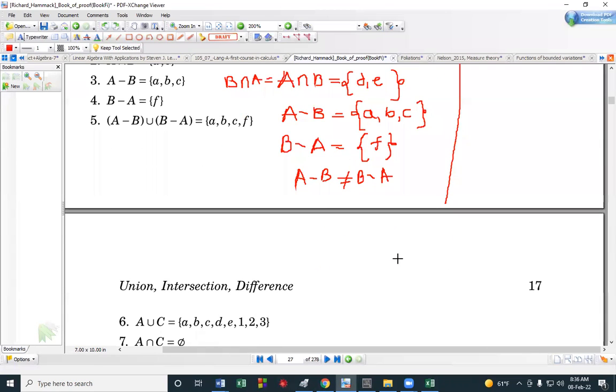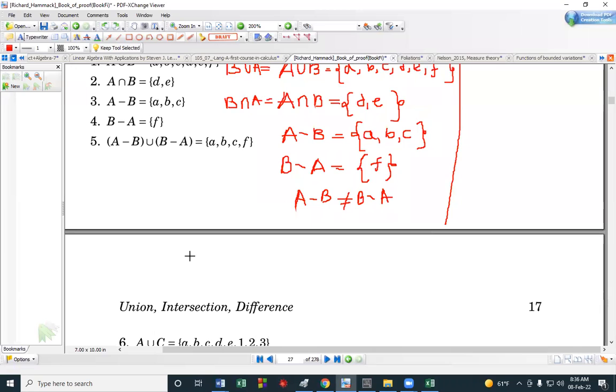Yes, sir. So before going there, let's define the universal set. What is a universal set? Do you have any idea of a universal set?